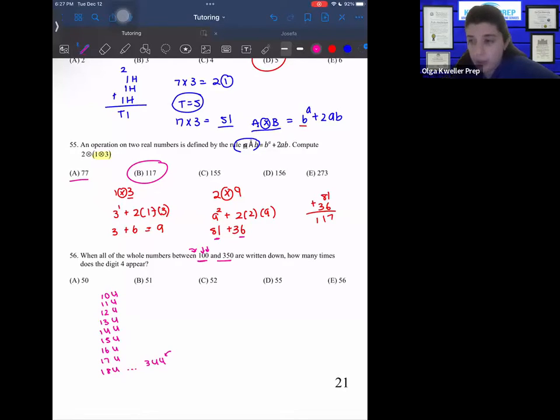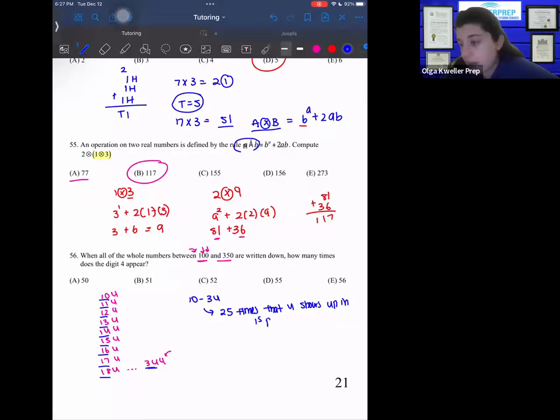Instead of counting all of them, we're just counting 10, 11, 12, all the way up to 34. So how many numbers are between 10 and 34? Remember, we just reviewed how to do this. 25, good. We subtract and add 1. So there are 25 times that 4 shows up in the ones place.